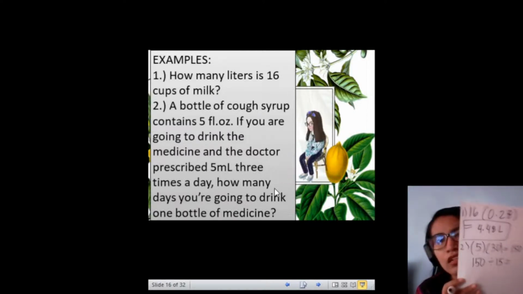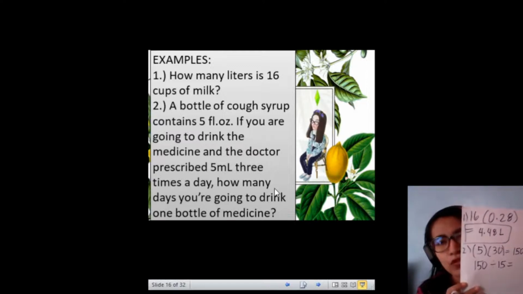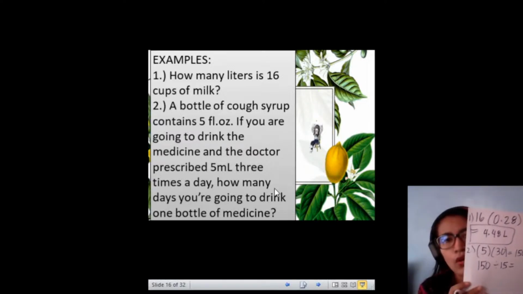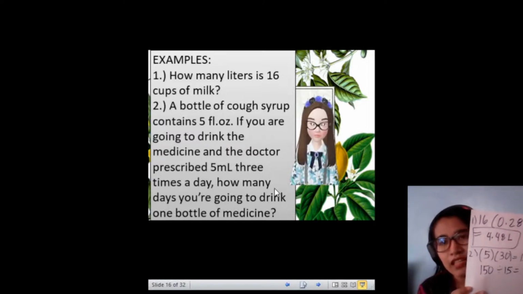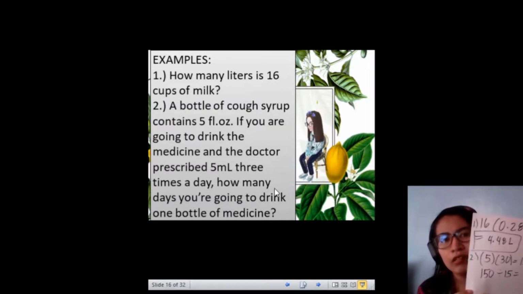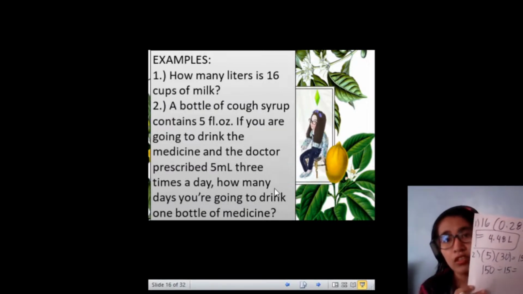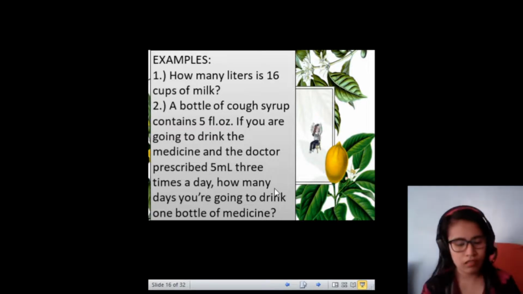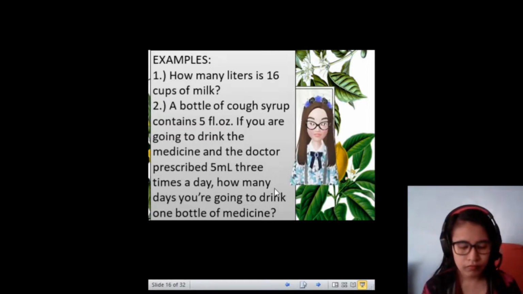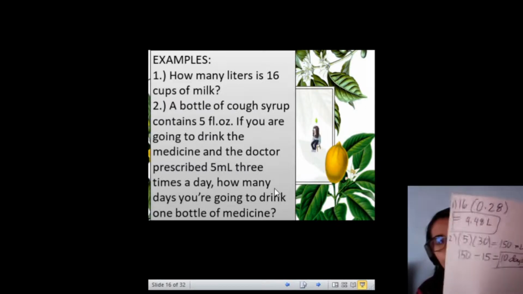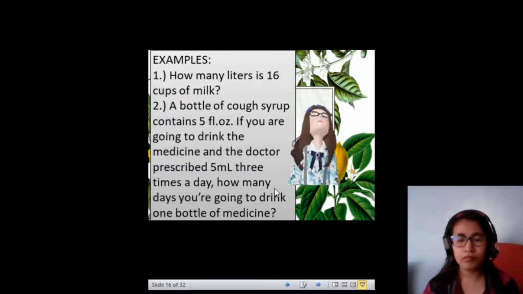So if we have 150 divided by 15, the answer now is 10 days. So it means that bottle of medicine will last 10 days. So that is our final answer.